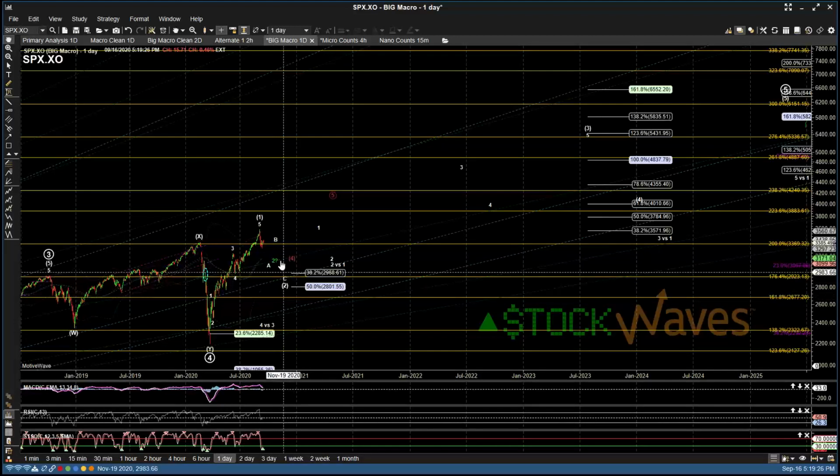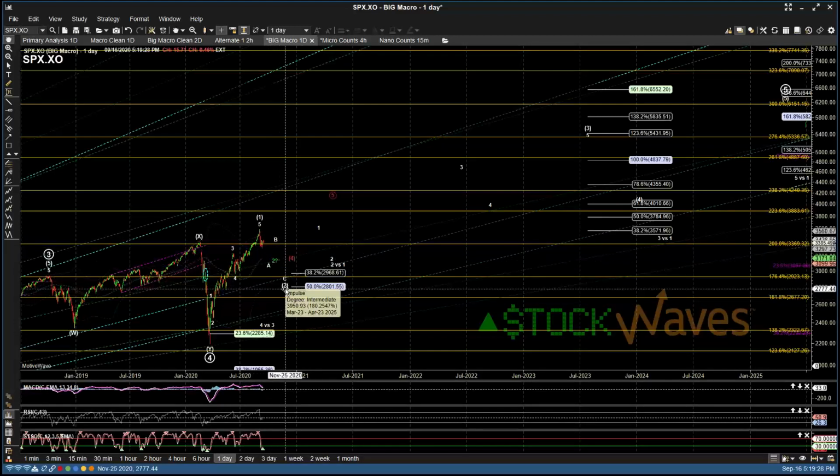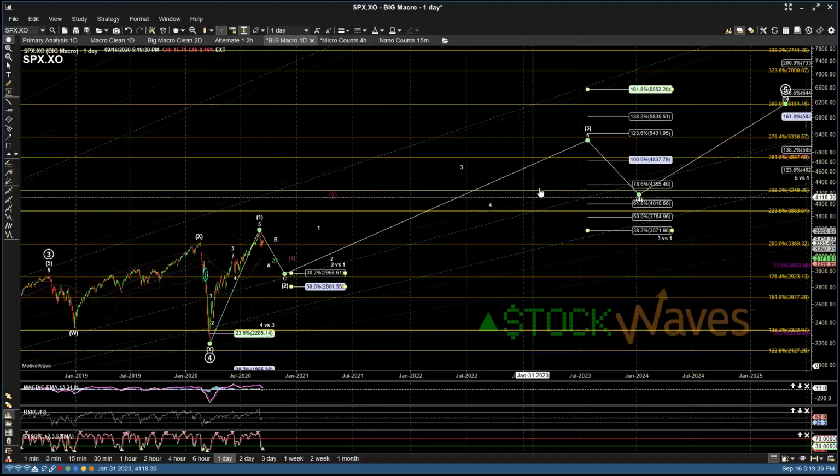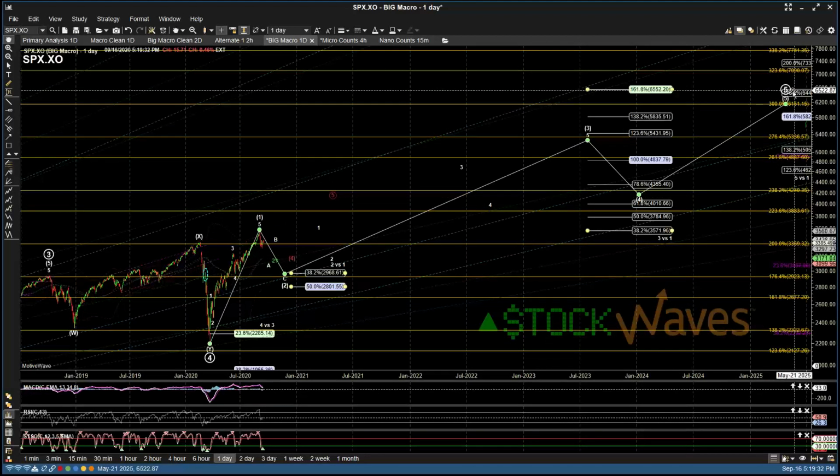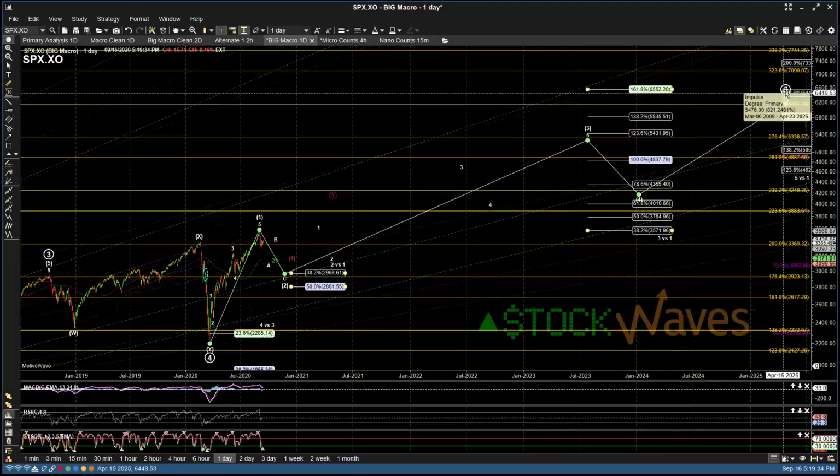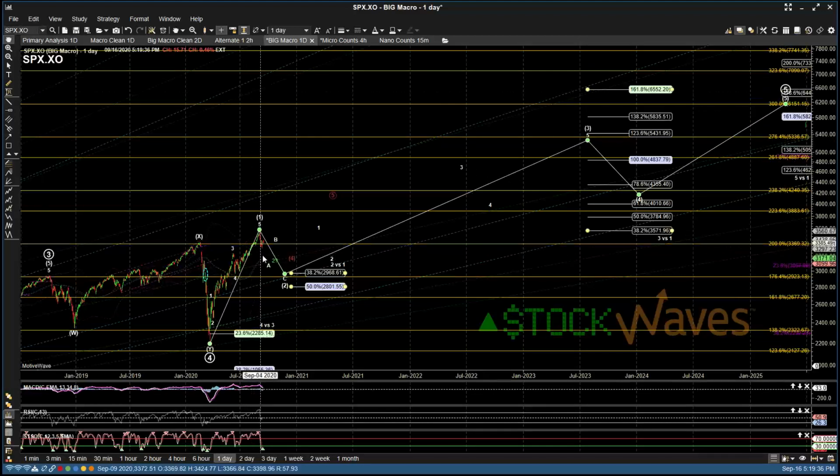So again, holding this as the larger wave 2 sets us up for even further extension in our primary wave 5. A bigger drop down under the 3,000 level would actually be more bullish than counting this as the green 1, 2, 1, 2.